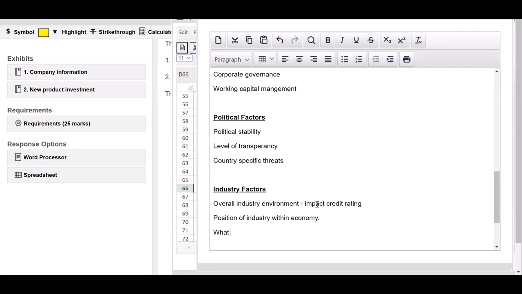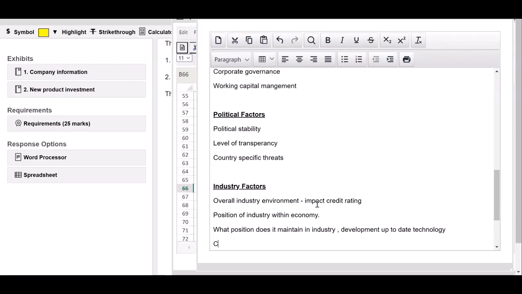So what position does it maintain in the industry? Is it doing developments to ensure that it is up to date with the technology that is coming up?